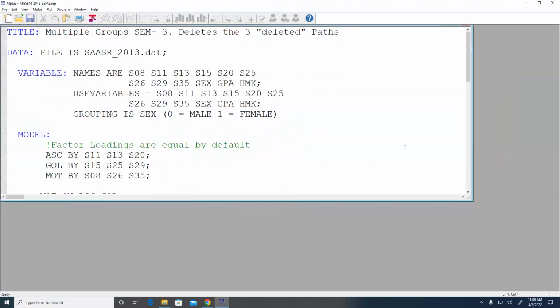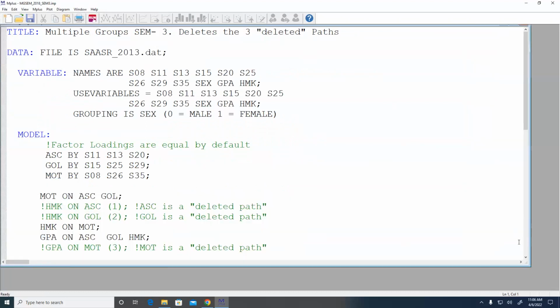Oh, yeah, we do need to check if they're statistically significant. Yes, thank you. We need to check whether they're statistically significantly different from 0 before we delete them. So let's take a look at them. I know what the answer is, but we should definitely look.